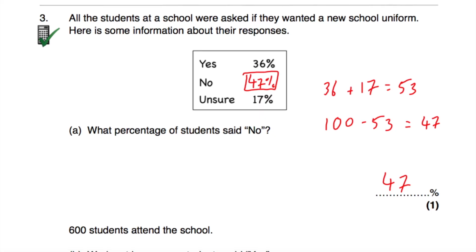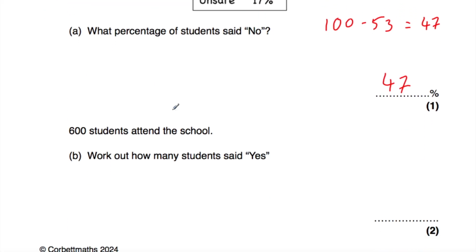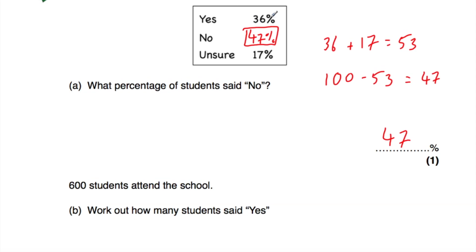Okay, and then if we scroll down, we're told that 600 students attended the school. Work out how many students said yes. So if we go back up, we're told that 36% of the students said yes. So we need to work out 36% of 600, and that tells us how many students said yes.